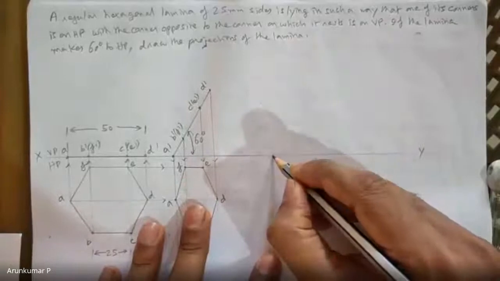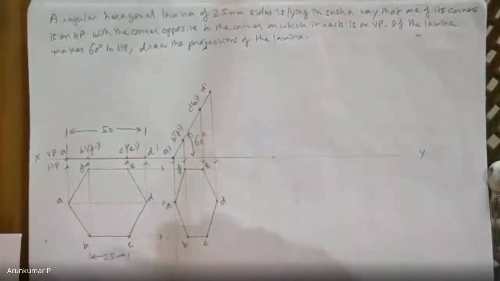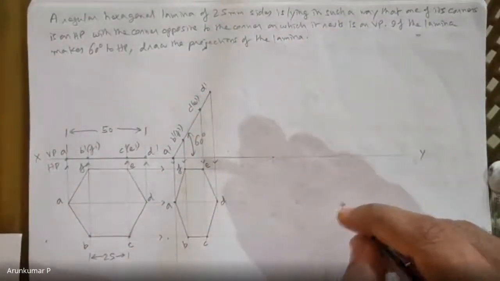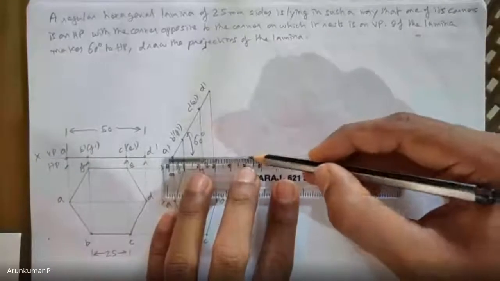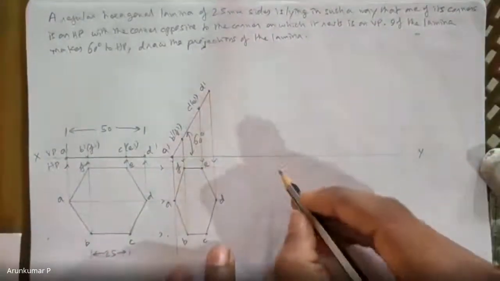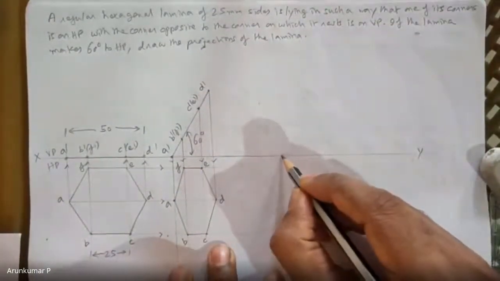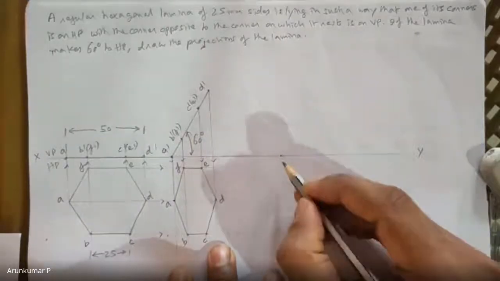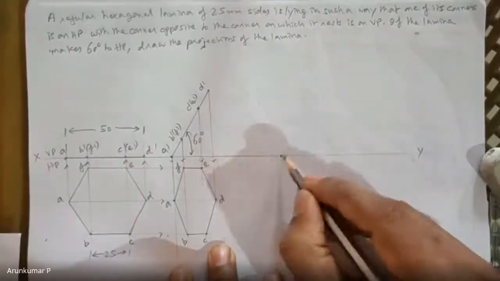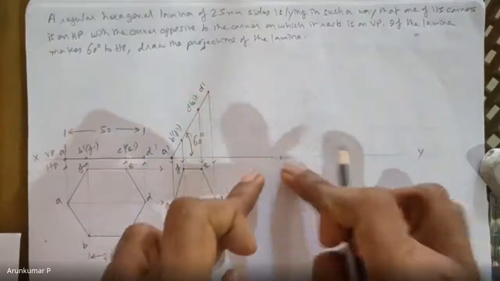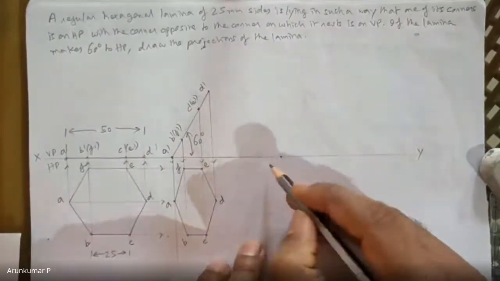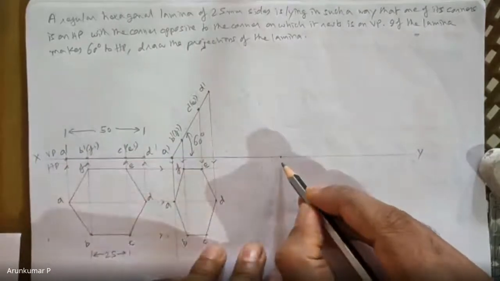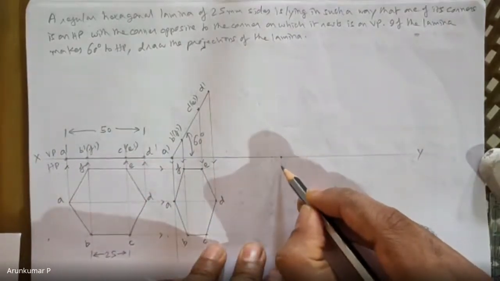I'll start with the point D, some distance away. Let us say here. You have to leave some gap because you need space to draw the second step top view. So leave some 50, 60 mm, and mark a point on XY line.